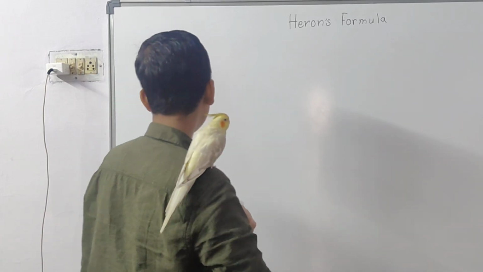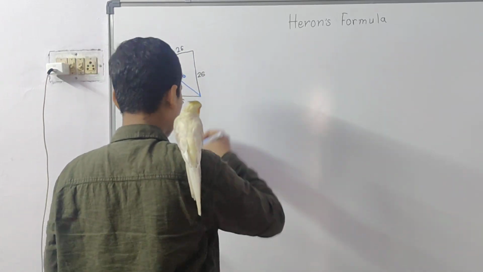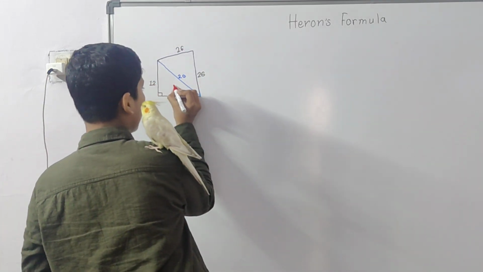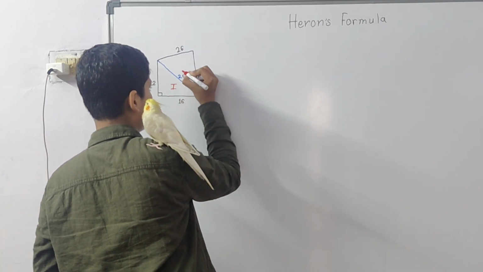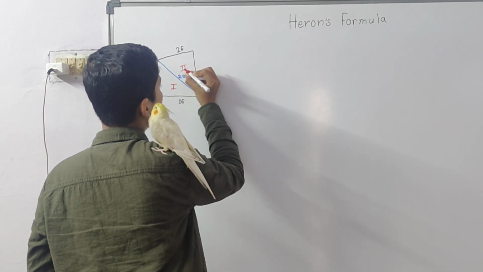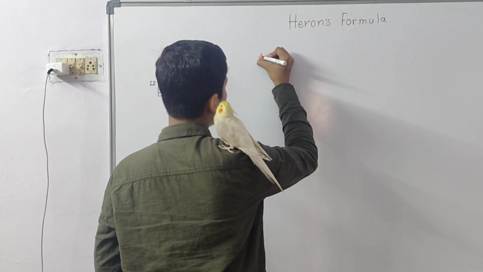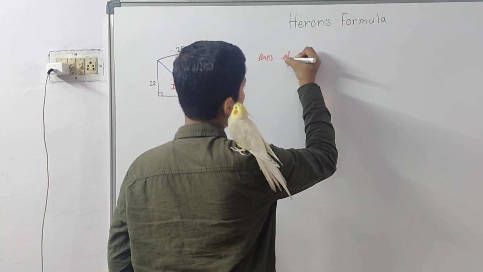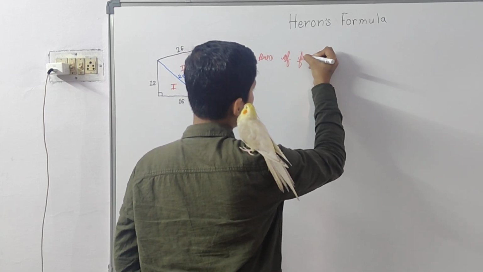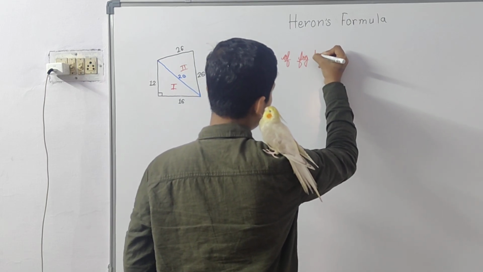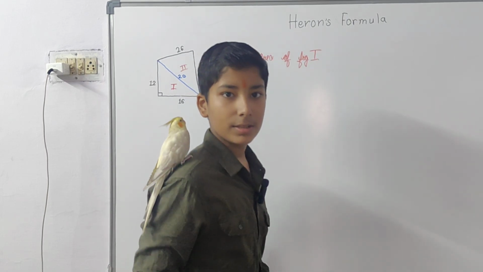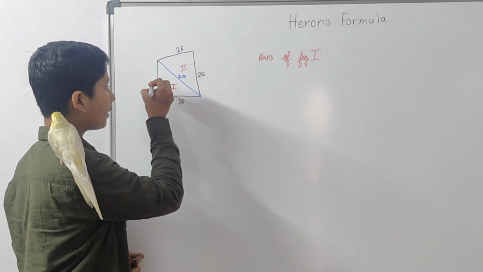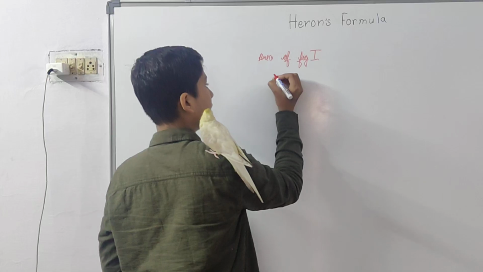Yes, and now just find the area of this triangle, naming the figures figure 1 and figure 2. Area of figure 1, which is a right angle triangle, is half into base into height.